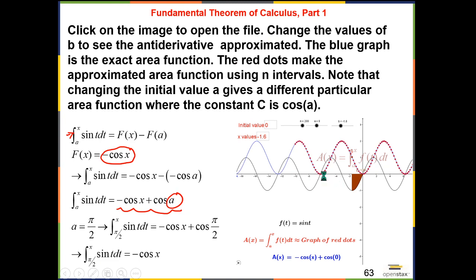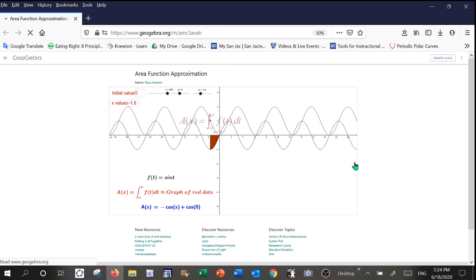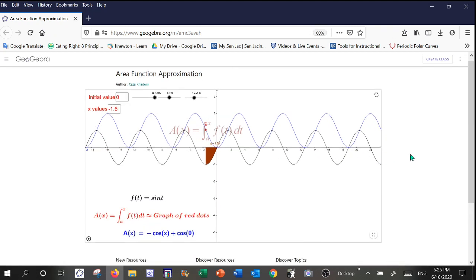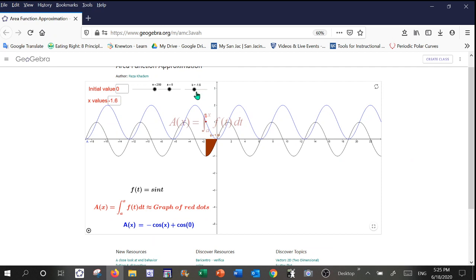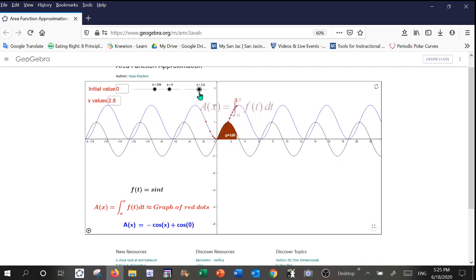So let me show you what we get. You see here, if I change the different b values, let it load for a second. Still loading. All right, there you go. So when I move this, I create the area function, right? And notice my a is at 0 right now.